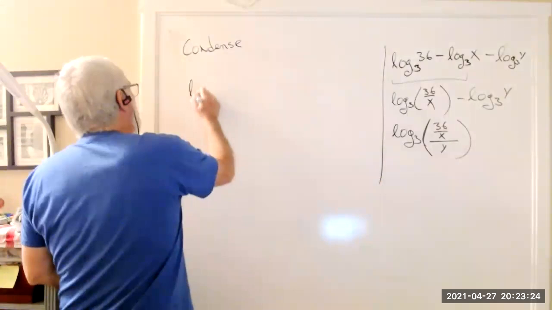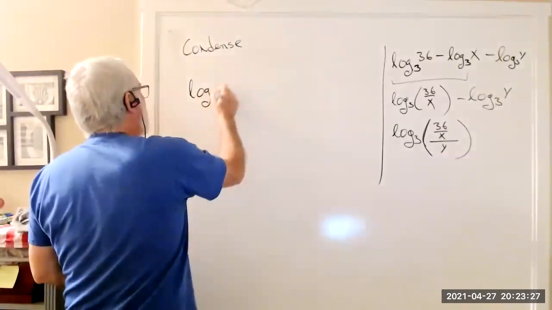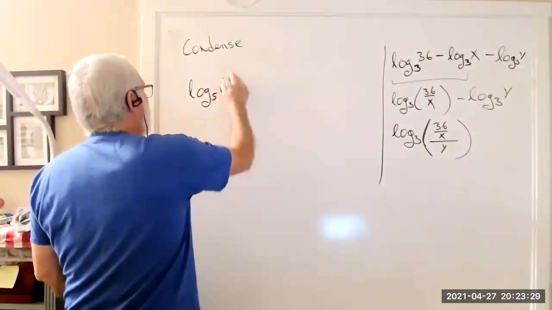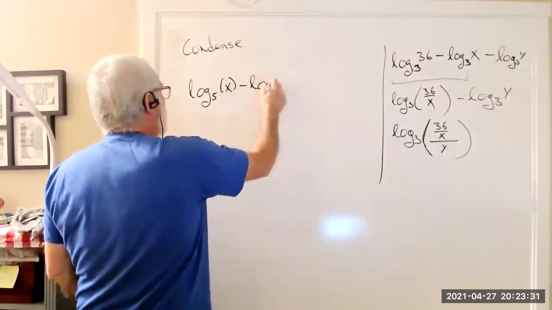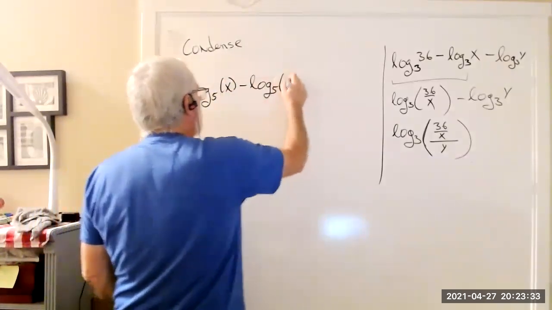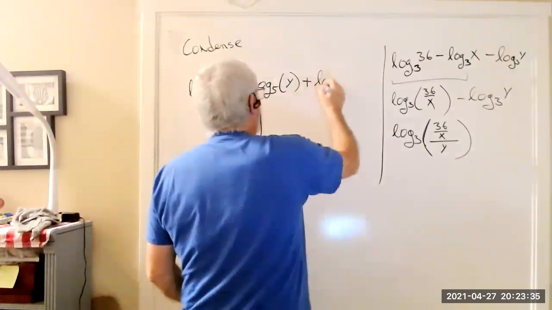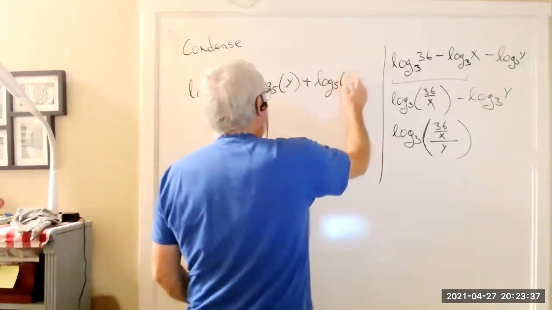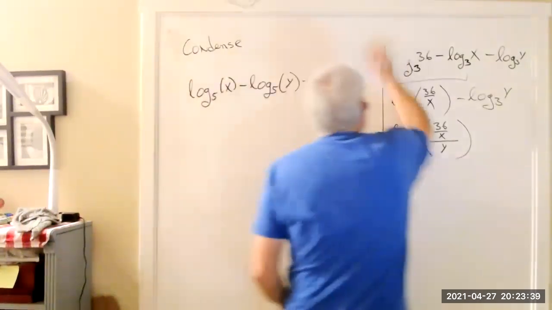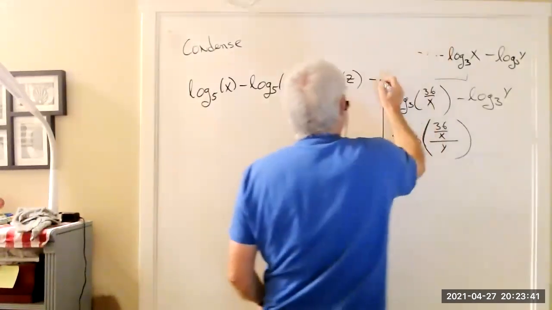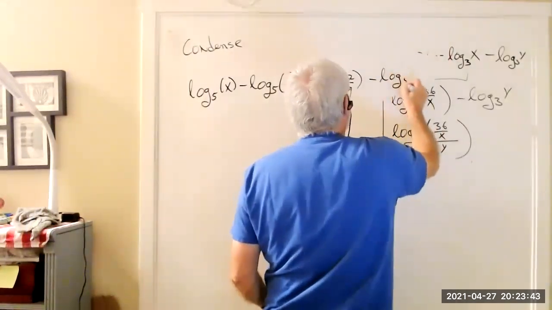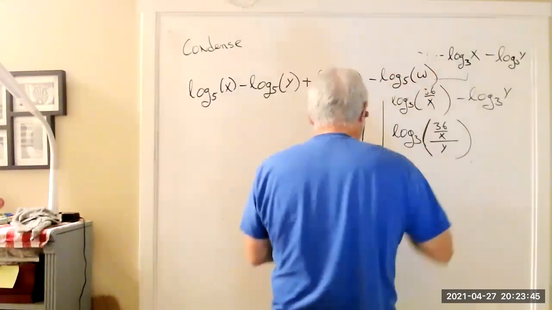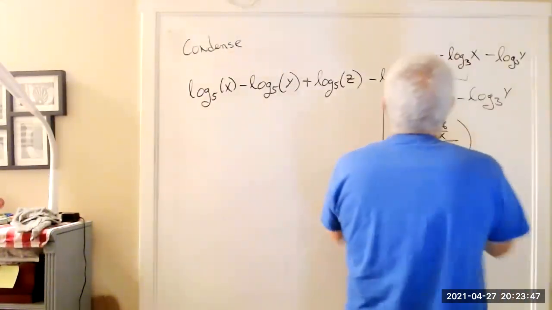What if you have log base 5 of x minus log base 5 of y plus log base 5 of z minus log base 5 of w? Let me erase this.